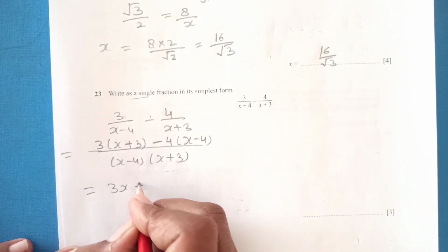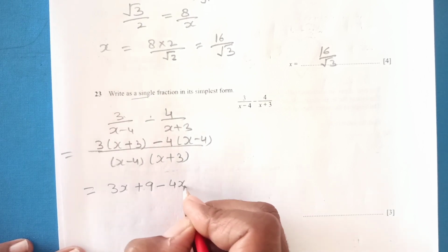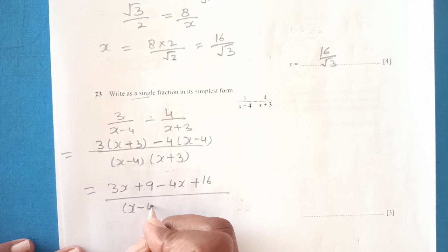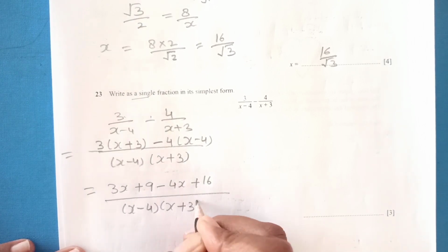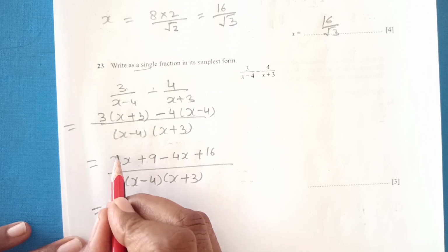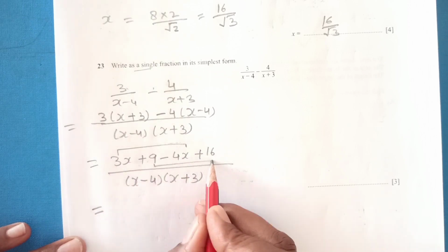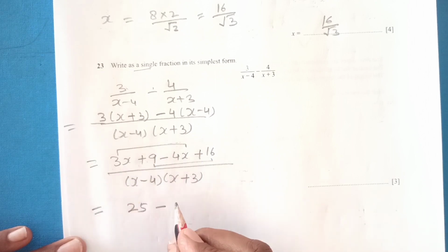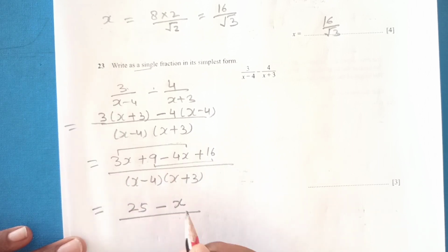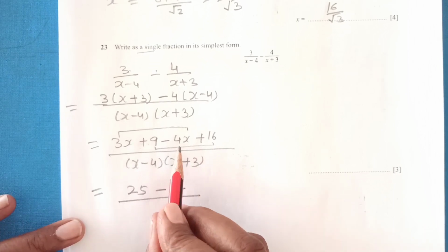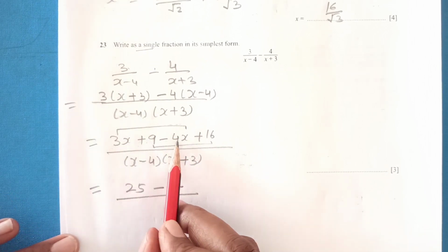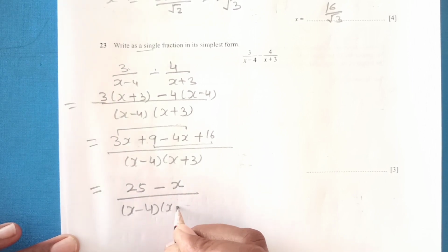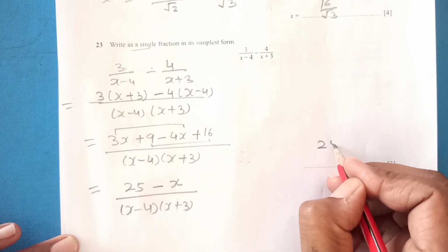So this is 3x plus 9 minus 4x plus 16 over x minus 4 and x plus 3. Okay, now combine the like terms. So 16 plus 9 is 25, and 3x minus 4x is negative x, over x minus 4 and x plus 3. So that is the answer.